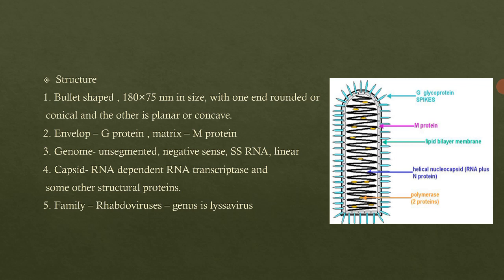Our rabies virus comes into the second genus, Lyssavirus, and in that Lyssavirus type 1. Why Lyssa? Lyssa means rage. Rage is a synonym for rabies. This is the structure and the genome of the rabies virus.